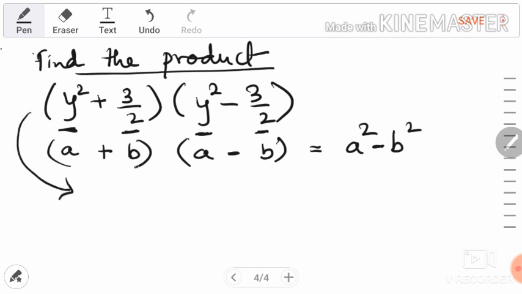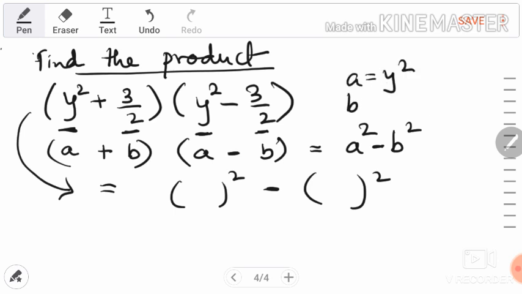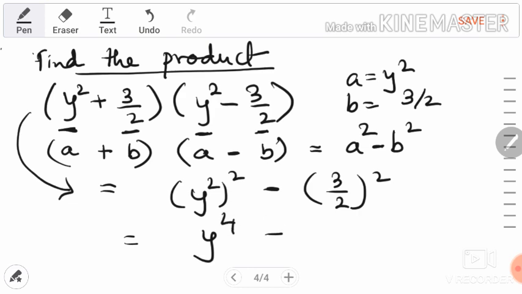So this expression will be a square minus b square. What is a? y square, and b is 3 upon 2. So this is y to the power 4 minus 9 on 4 will be the answer.